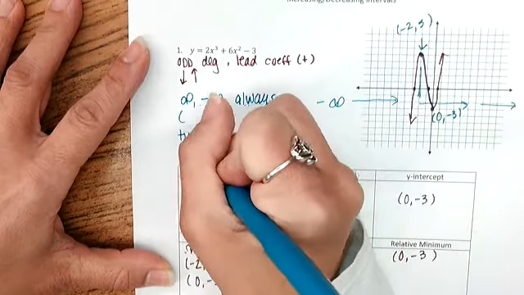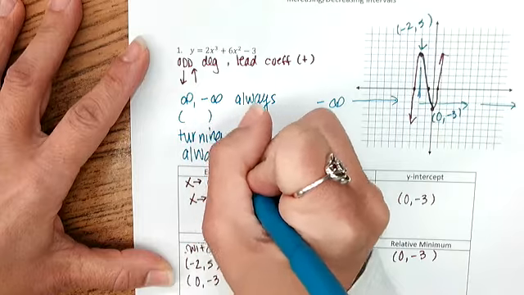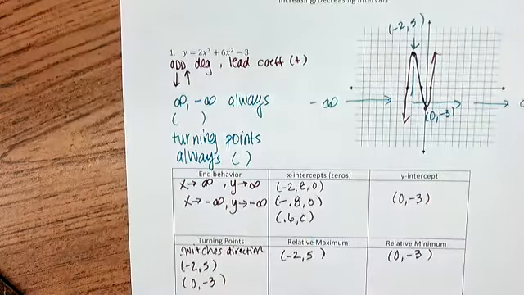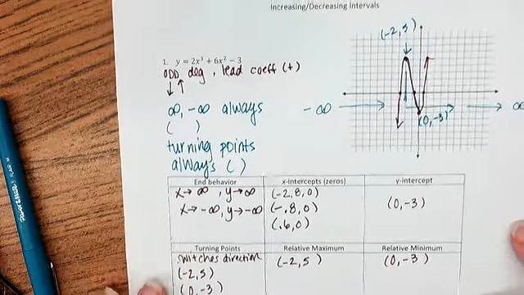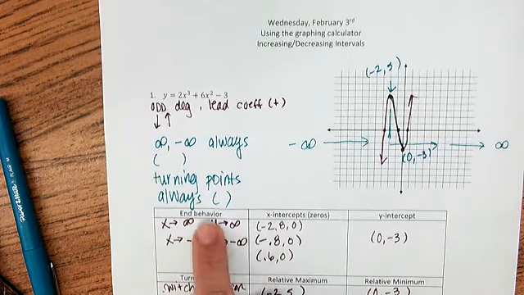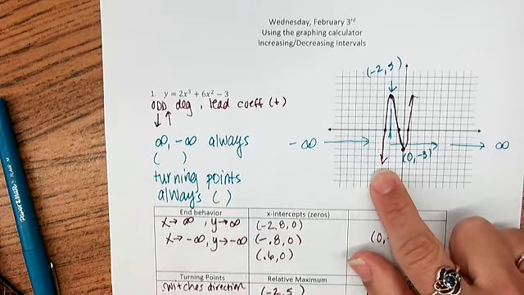So turning points are also always parentheses, and here's why.